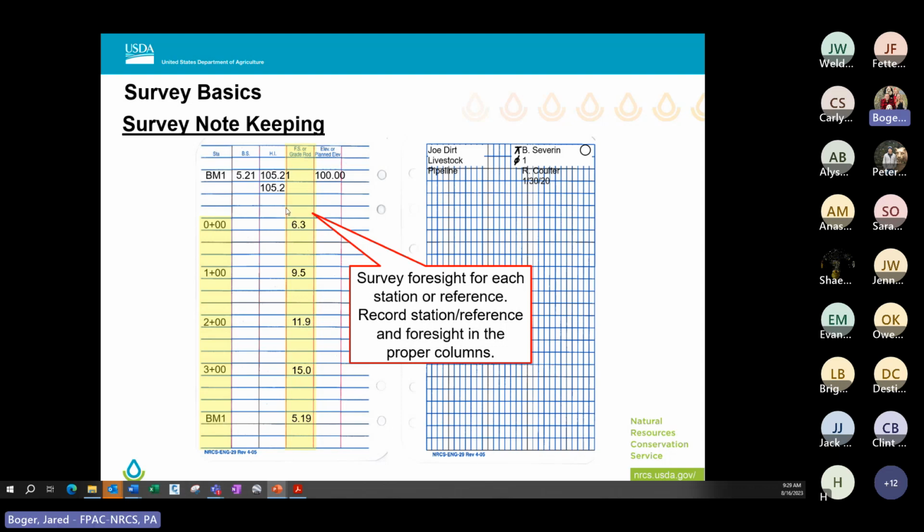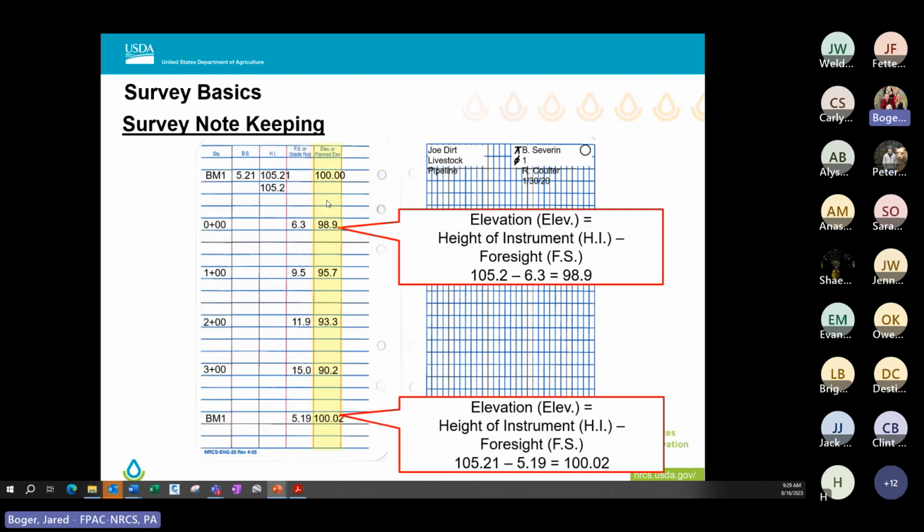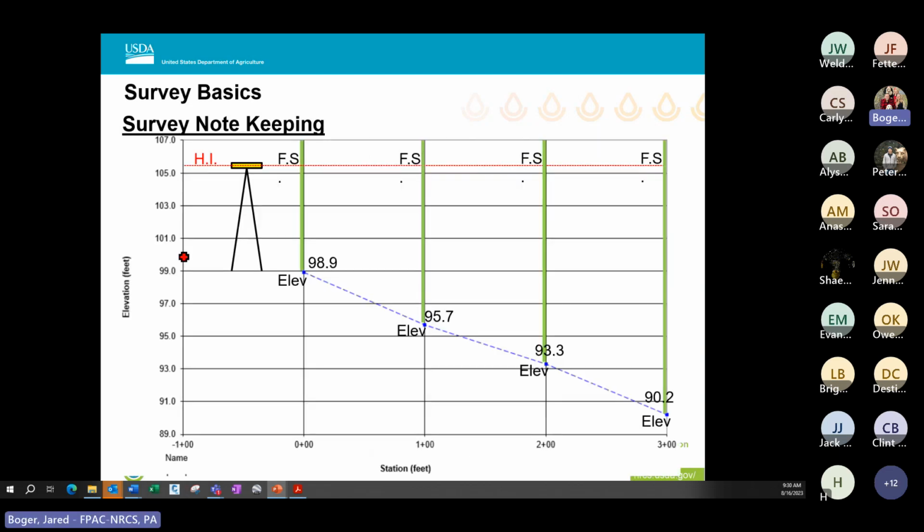To get this, you subtract your HI minus your foresight, 6.3, and that will give you your 98.9. It continues all the way down through. So HI minus your foresight gives you these elevations.